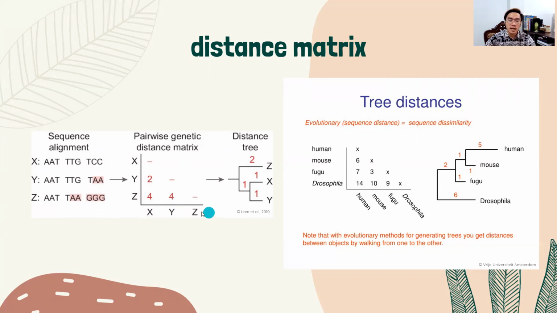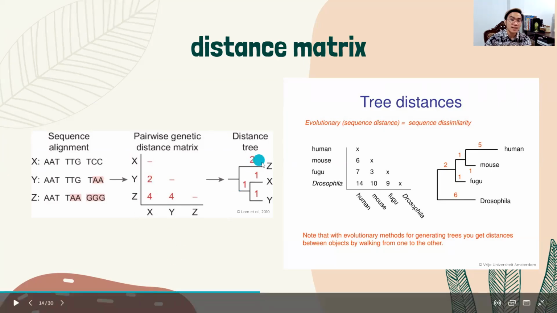Okay, so essentially, this is what we call pairwise. We measure the distance, meaning the difference between the genetic sequences, and we do it pairwise, meaning we compare the genetic sequences of two taxa at a time, or two OTUs at a time. Okay. Why do we do that?